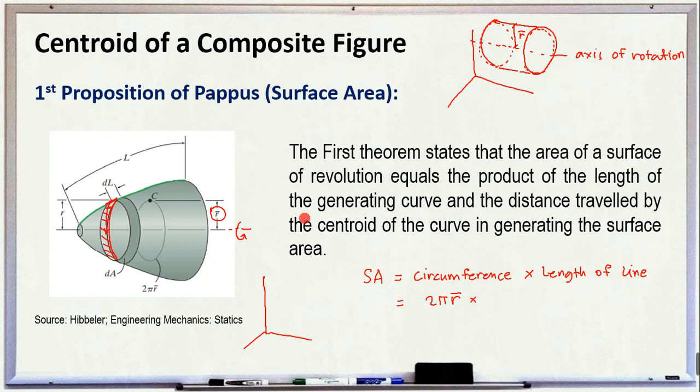So the length of the line here, we can represent that one as L. Okay, 2 pi r L. Again, this is the centroid of the line, and this one right here is the length of the line L. Okay, so if you want to find the surface area of a curve, I mean, of this line, ngayon na generate, you can use this formula: circumference times the length of the line, 2 pi r times L. Inversely or conversely, if you want to know the centroid of this line given its surface area of revolution, then you can also do that by using this formula.